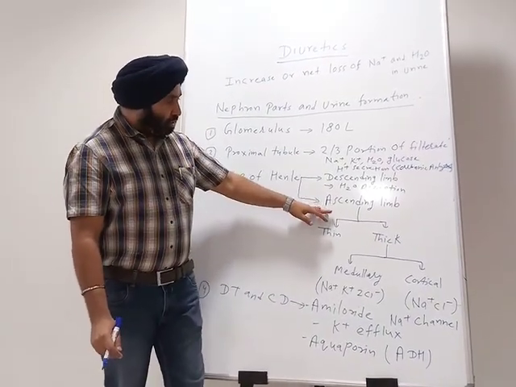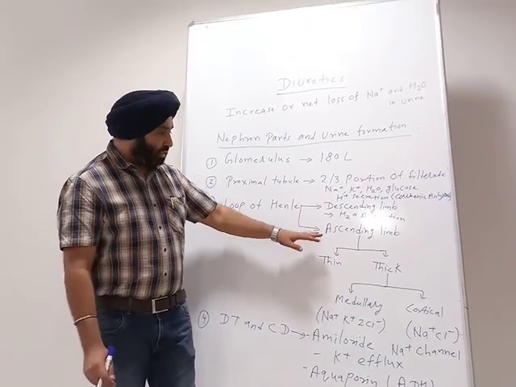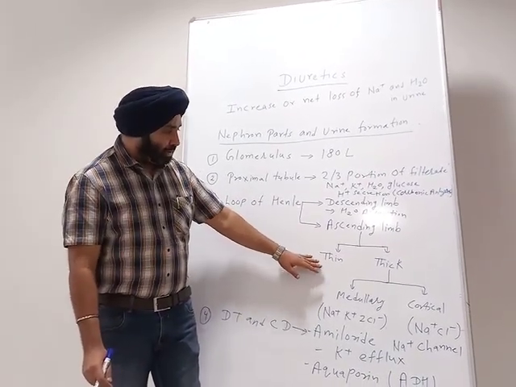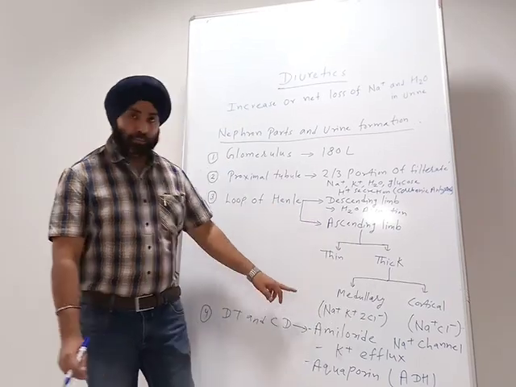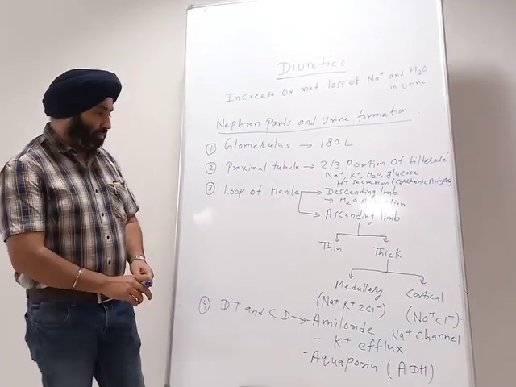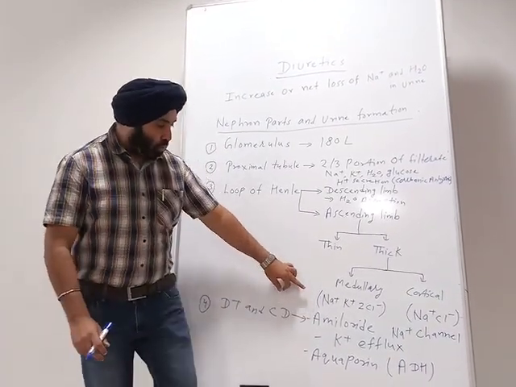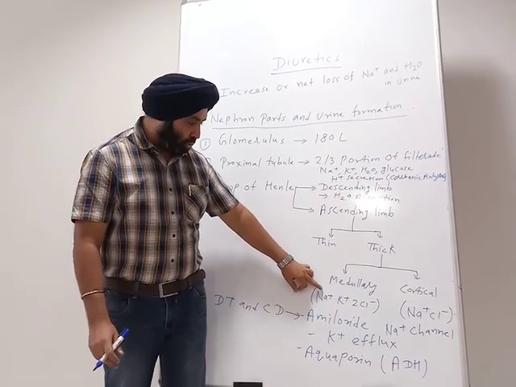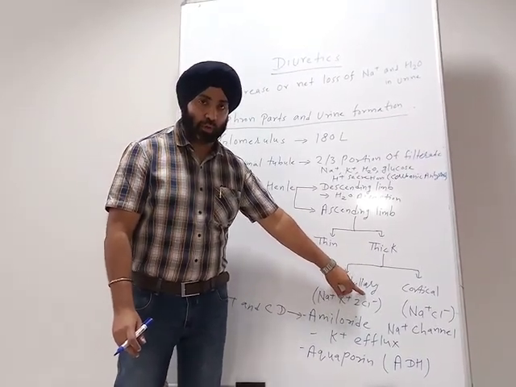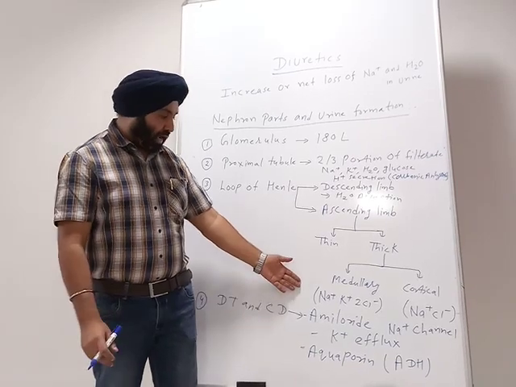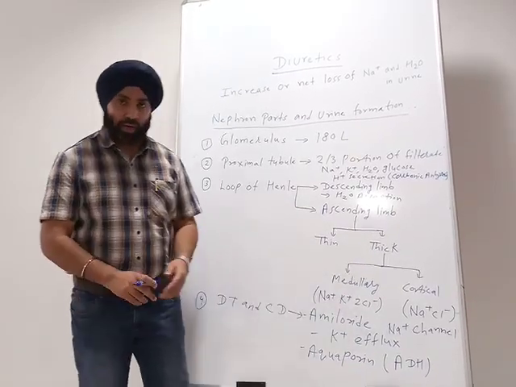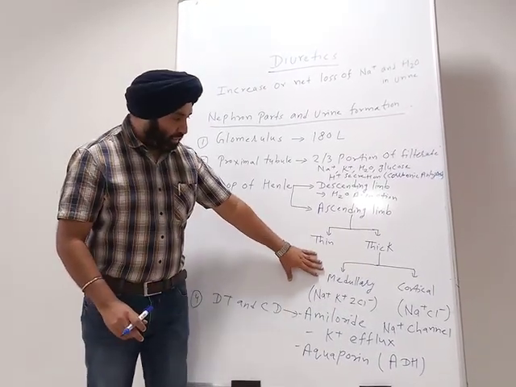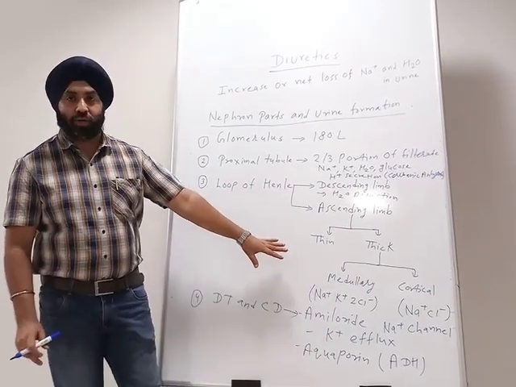Not too much reabsorption occurs in the thin ascending limb, but in the thick ascending limb, in the medullary part, a co-transporter is present, known as the sodium potassium 2 chloride co-transporter, which absorbs the ions sodium, potassium and chloride, but this part is impermeable to water.